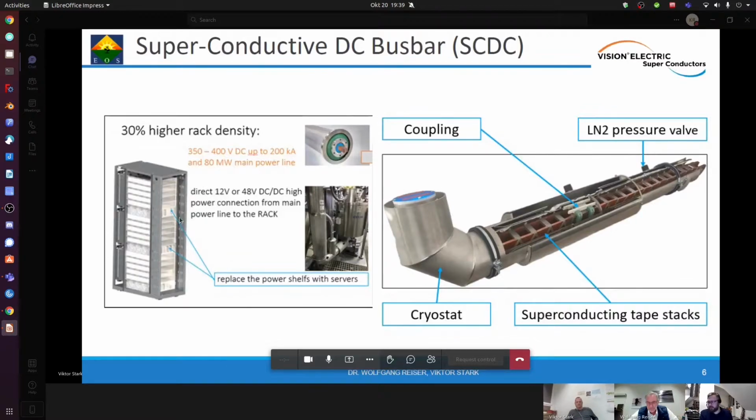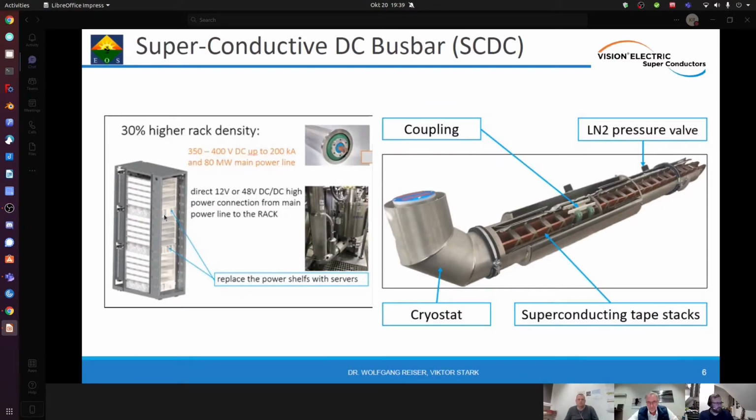Absolutely, I think that's the very exciting discovery we made when we were discussing this, that OCP has nearly the perfect prerequisites for the superconductive busbar, because there is already a DC supply throughout the rack, and we can easily integrate this technology in an existing rack technology.